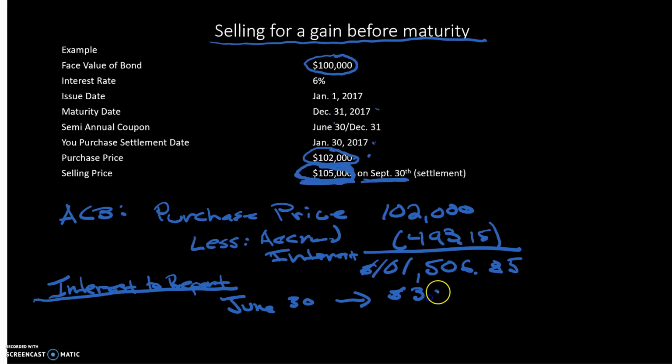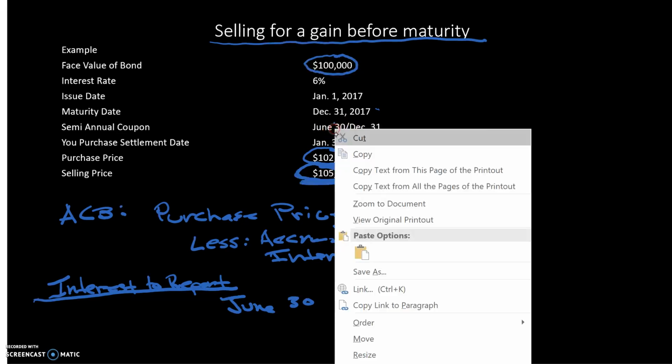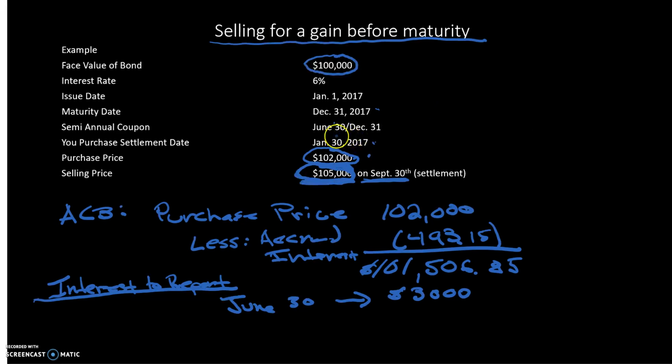I took in the $3,000 coupon payment, half of the 6% interest rate for the year. But I'm also going to add in accrued interest that is due to me for the period from June 30th all the way to September 30th. That money is owed to me, because I was holding this during that period of time.